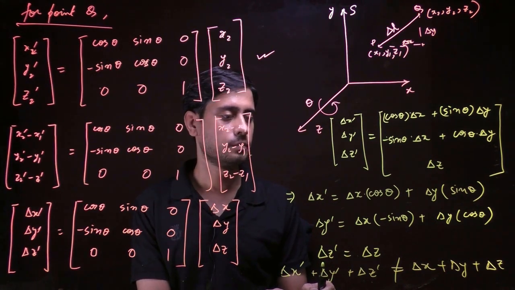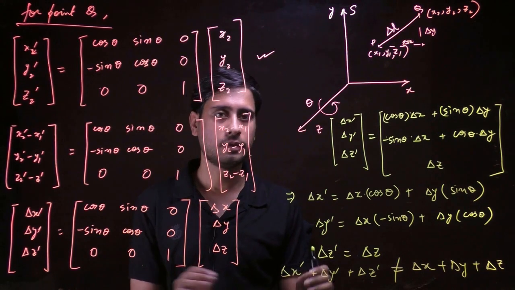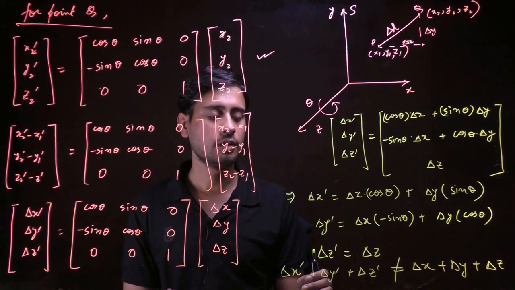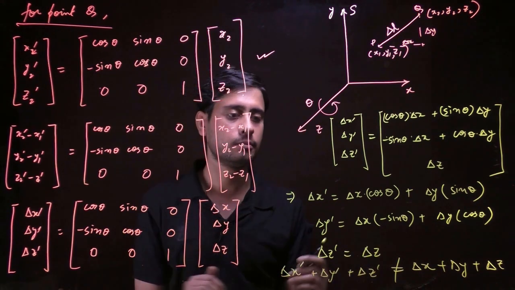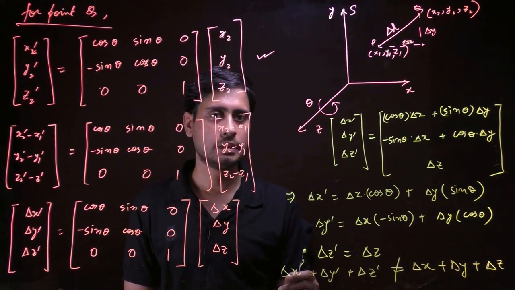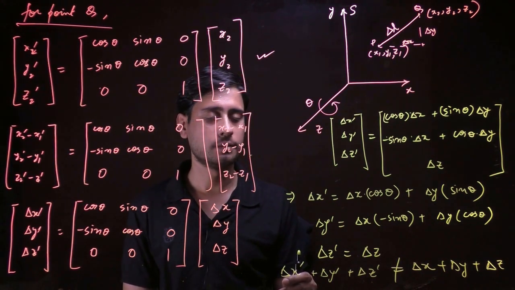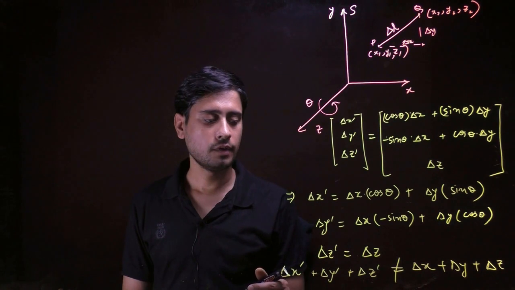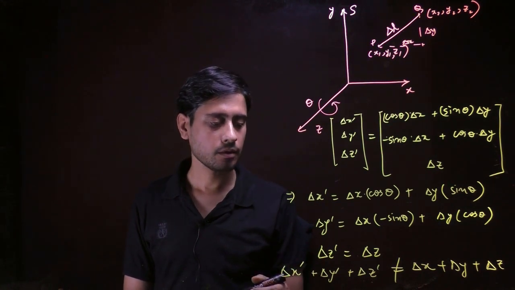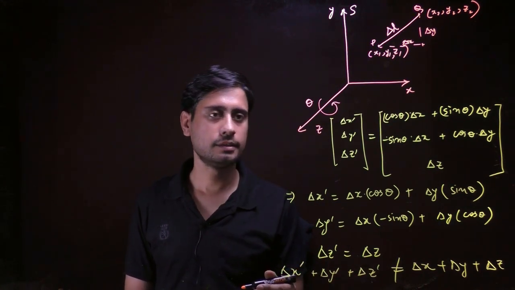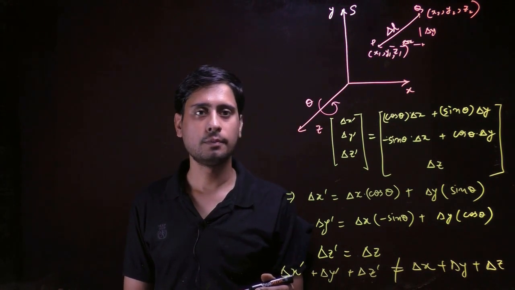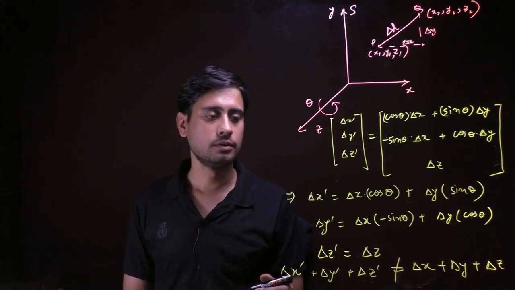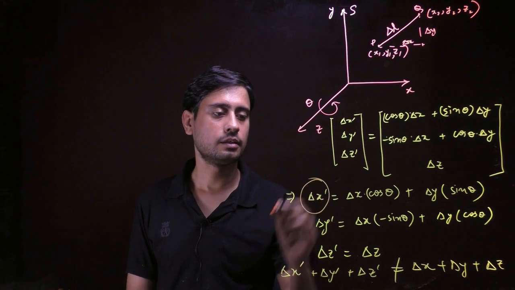So it seems that in three-dimensional space the invariant quantity is not just this sum, and it is something different from the sum. So we will check it by a trial. By giving a trial of squaring the three quantities, we will check whether it gives an invariant quantity or not. So we are just squaring these three terms.